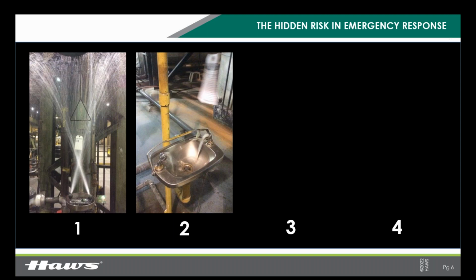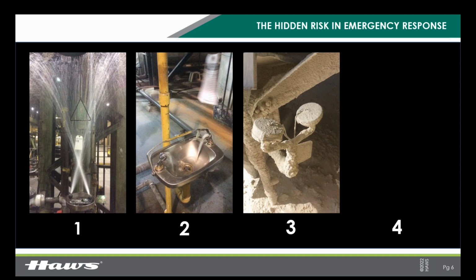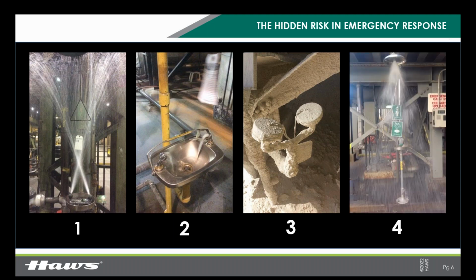Door number 3, this is a concrete manufacturing facility, and those we had to hit with a wrench to open up. Sealed closed. And if you chose door number 4, congratulations. It's a fully functioning combination unit with shower and eye face wash and life-saving technology.